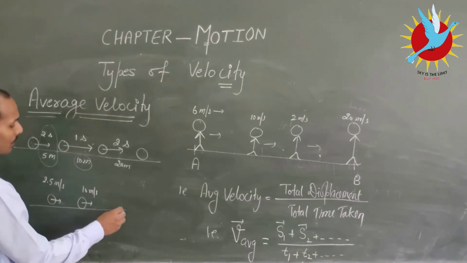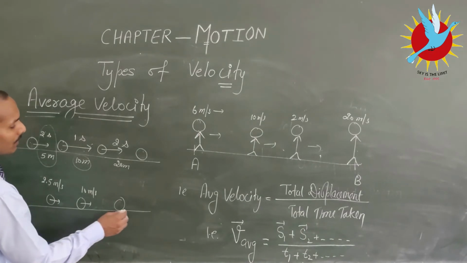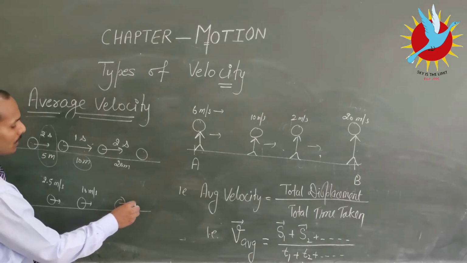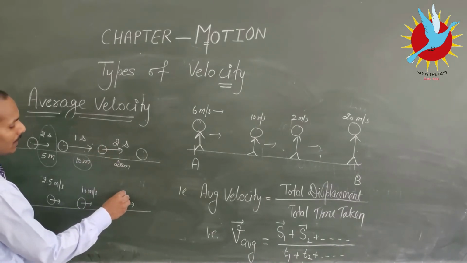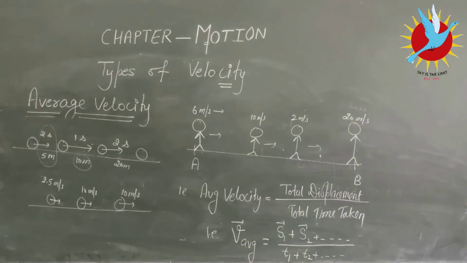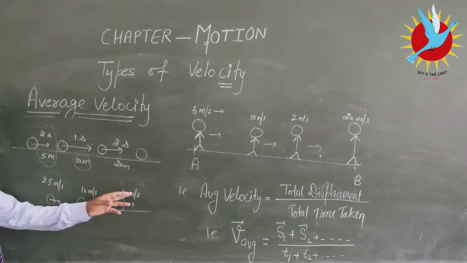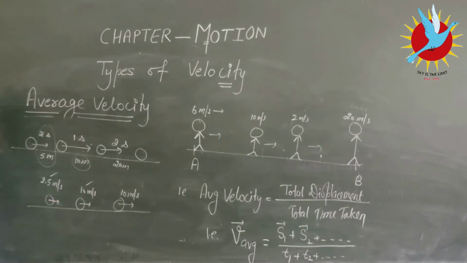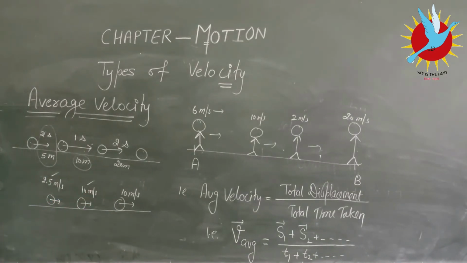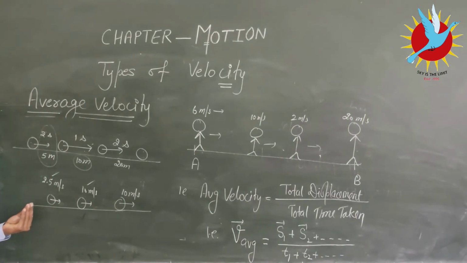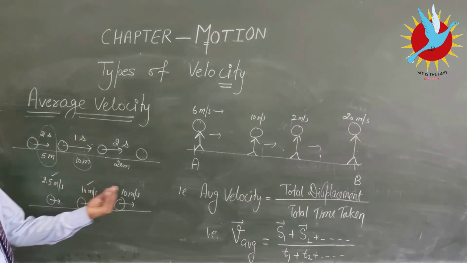And after 2 seconds, 20 divided by 2, its velocity is again 10 meters per second. So you found that it has different velocities at different points, or maybe the same, as in this case, but previously it was different. So it is a variable, non-uniform velocity.